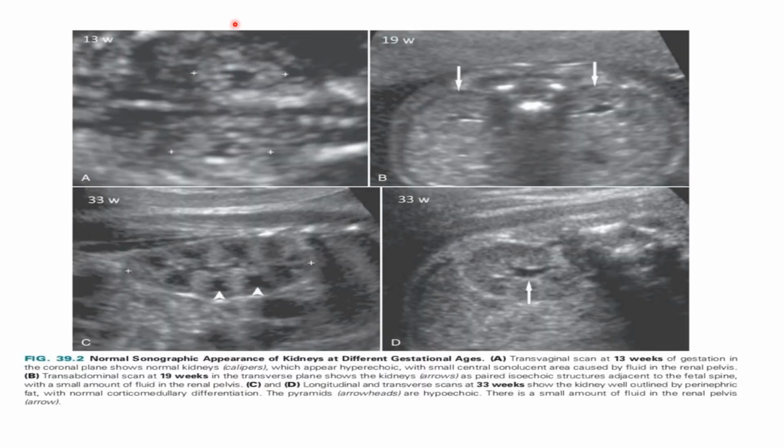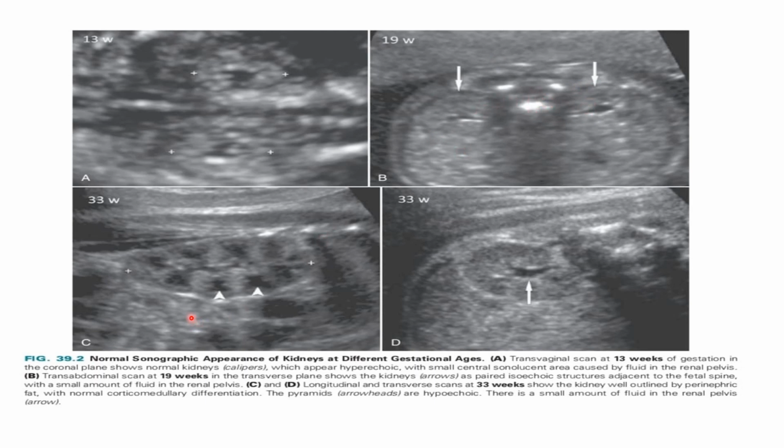This is the ultrasound image at 13 weeks of gestation, where we can see both kidneys, which are rounded with a hypoechoic renal pelvis. This is 19 weeks of gestation, on the transverse plane, showing both fetal kidneys adjacent to the fetal spine.